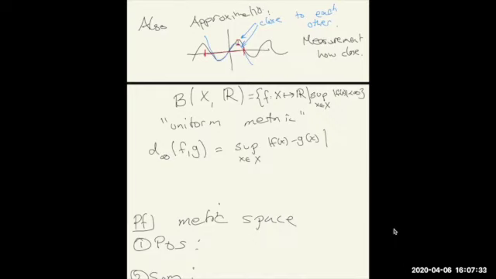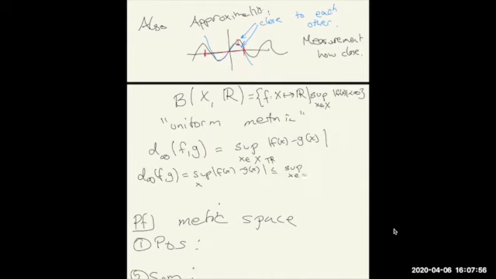And first, let's connect it to this assumption. Well, d_infinity(f,g) is equal to the supremum over all points of |f(x) - g(x)|. Well, the absolute value is less than or equal to the sum of the absolute values by the triangle inequality.